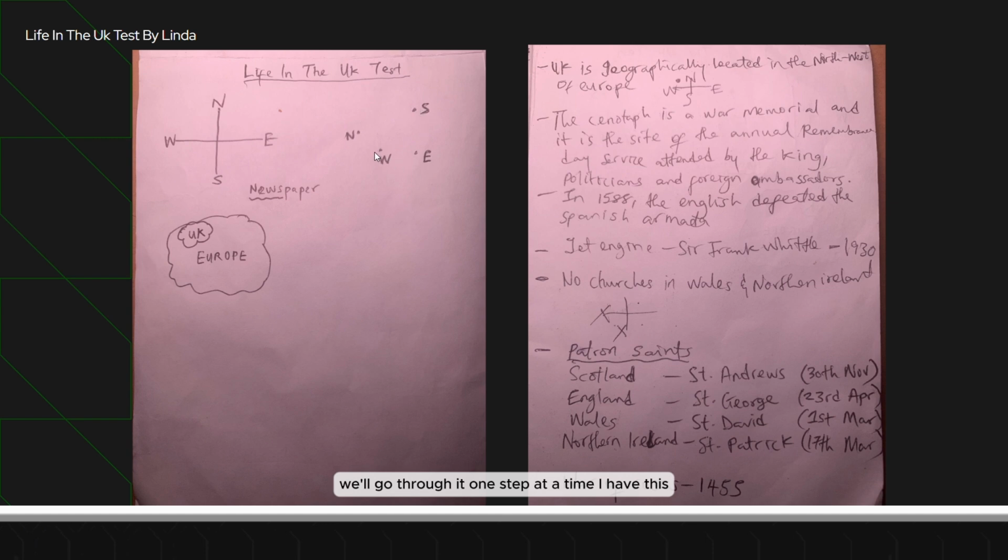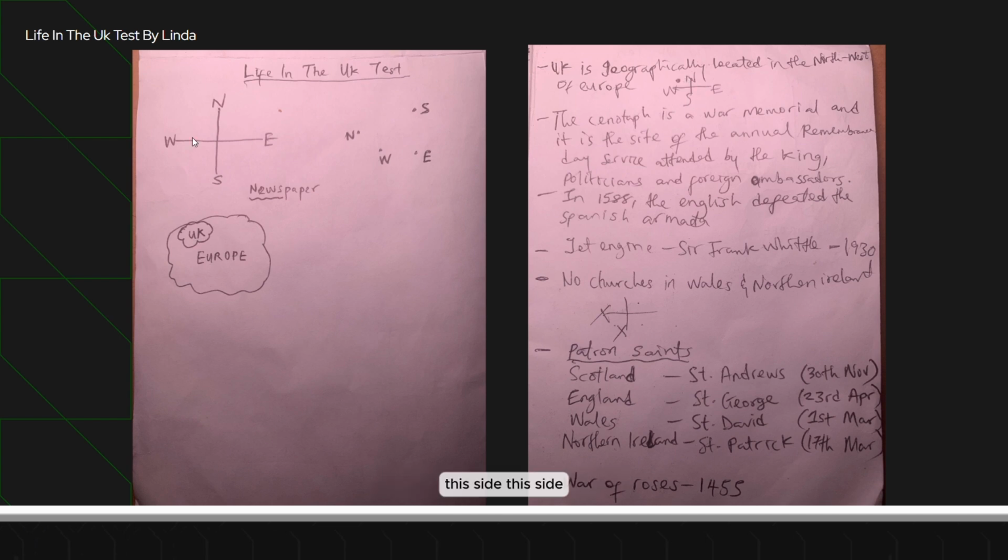What this means is Scotland, England, Wales, Northern Ireland. So just go up, down, side, then side. Up, down, side, then side. Personally, I'm in England, so I just go Scotland, Wales, Northern Ireland. That's how I know it. The UK is geographically located in the northwest of Europe.